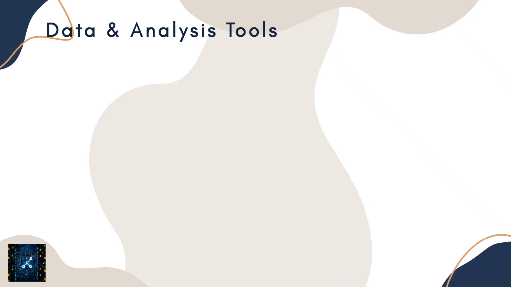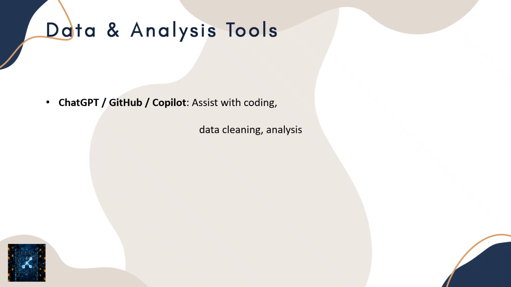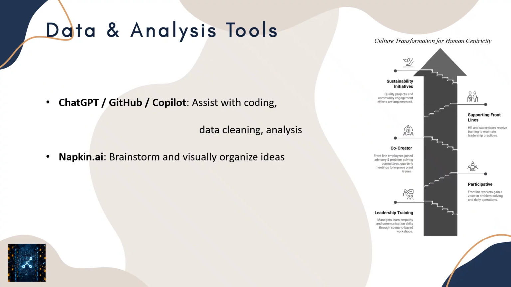You also have different tools like ChatGPT and Napkin AI. And Napkin AI is probably my favorite because it takes information that I've written in a paragraph or in a part of the paper and it creates a visual of that. And there are different forms of it.